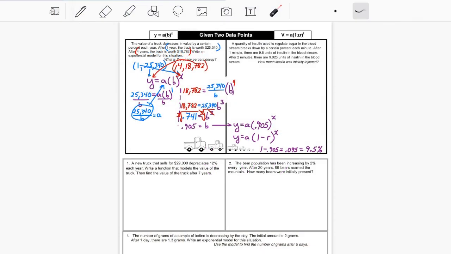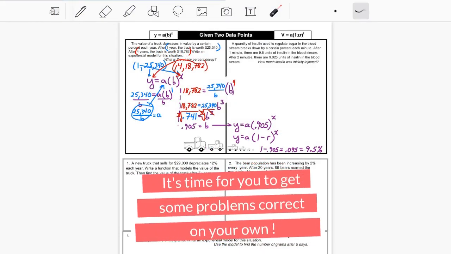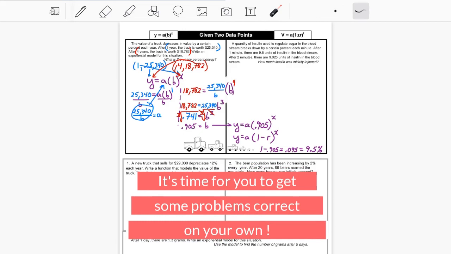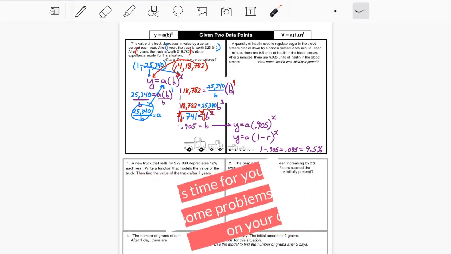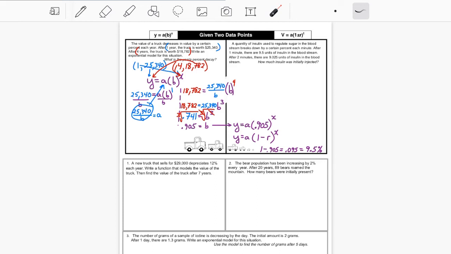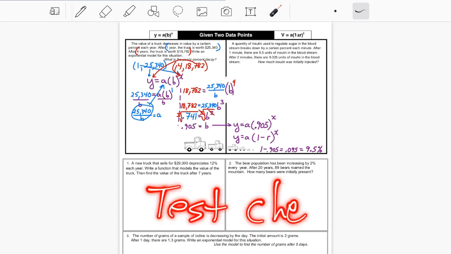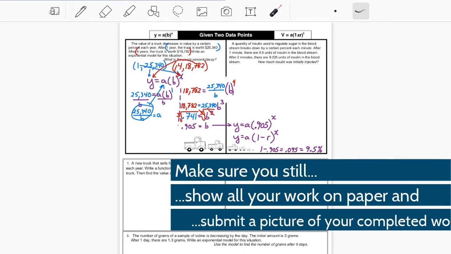Now, had we been in class, this would be one of those activities where I would want you to get each problem correct before moving on to the next. Mr. Naylor probably would have walked around and signed these before allowing you to move on to the next activity. So what we're going to do for our online learning is we're going to use the Google form that I created to allow you to test and to check each one of your answers before moving on to the next question.